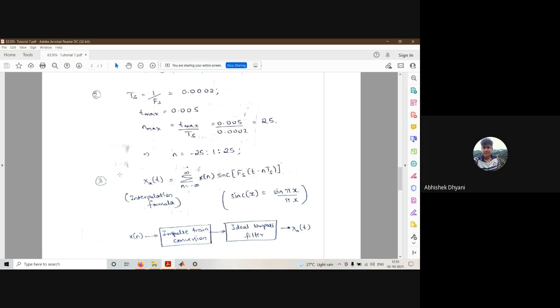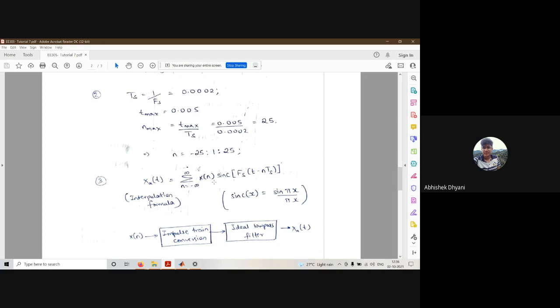So this is how we do it. But you see that this is valid for an ideal low pass filter, or when we have an infinite number of time samples at which we have the value for the sequence. But ideally we don't have that.